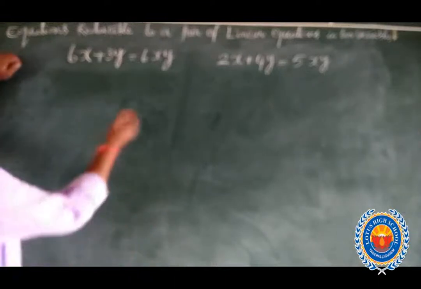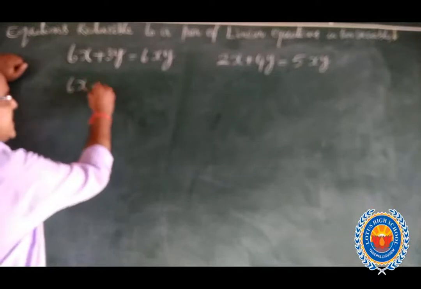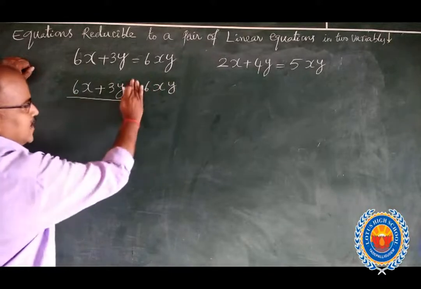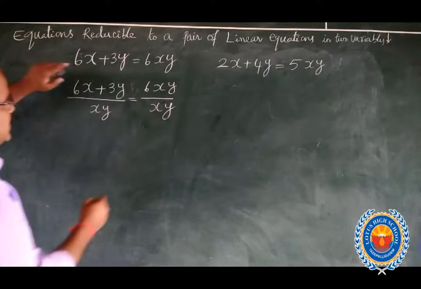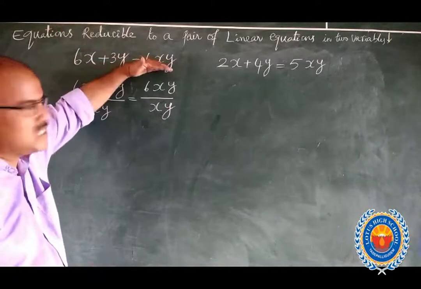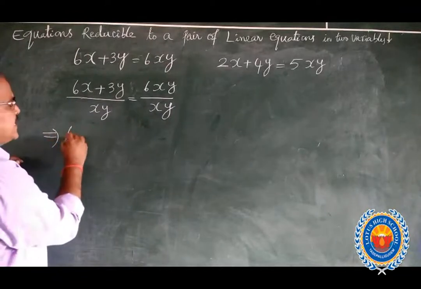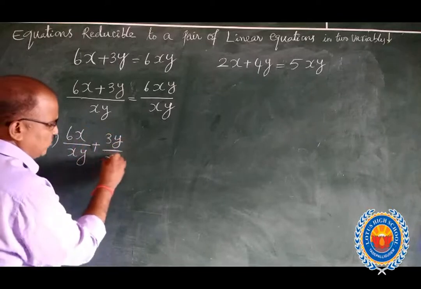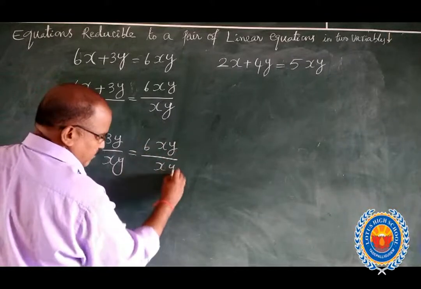How to convert? Take 6x plus 3y is equal to 6xy. Divide LHS and RHS by xy. That implies 6x by xy plus 3y by xy is equal to 6xy by xy.